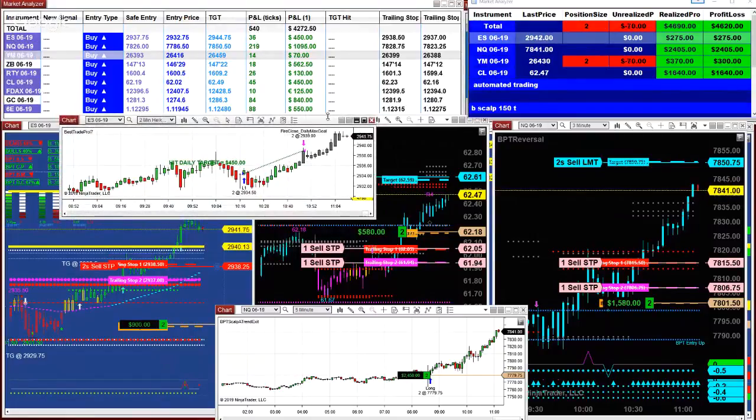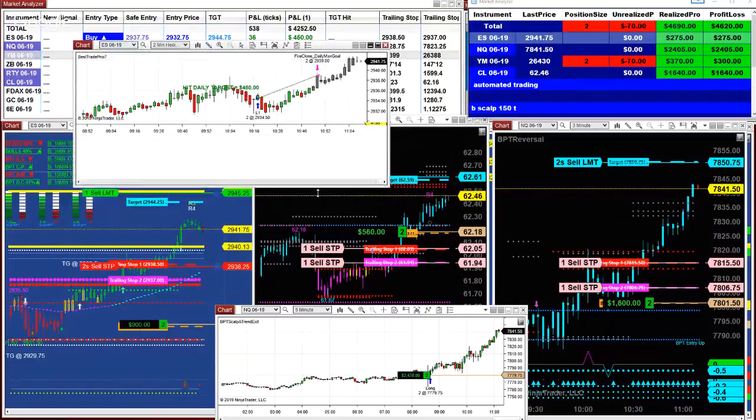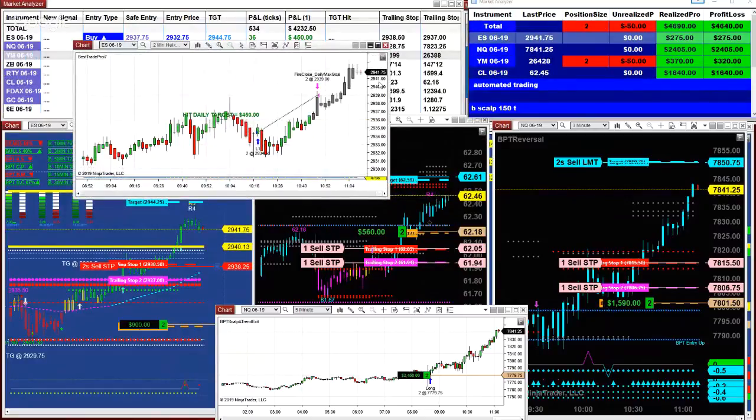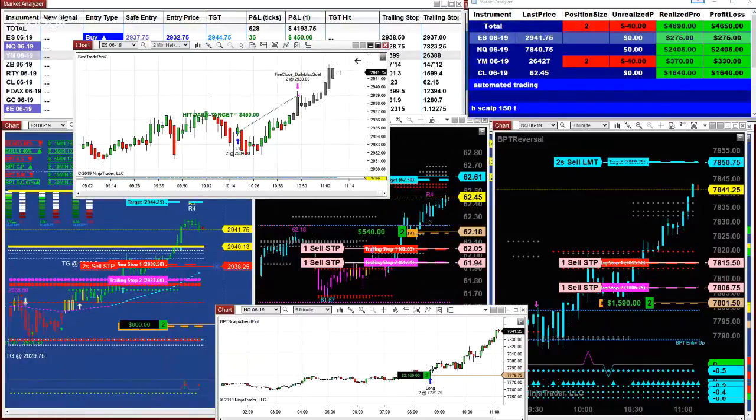One of the things that is very important for our traders: look at the difference between that auto trade on the 2 minutes, which took one trade.